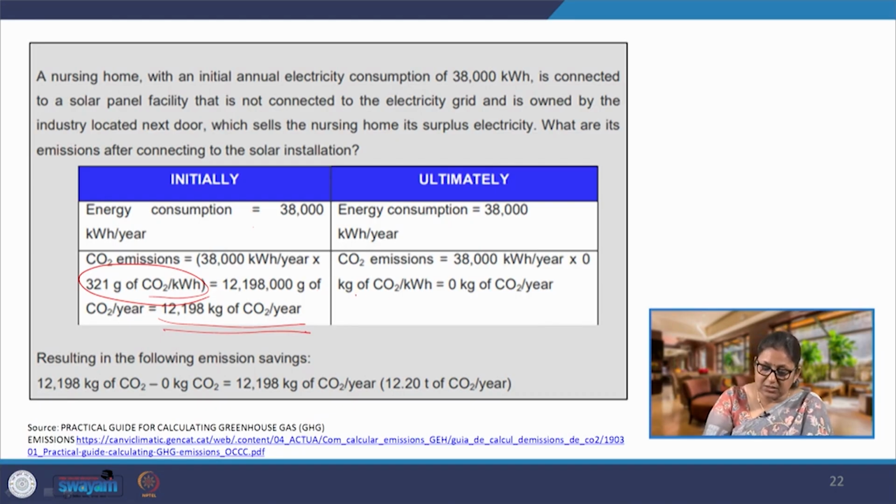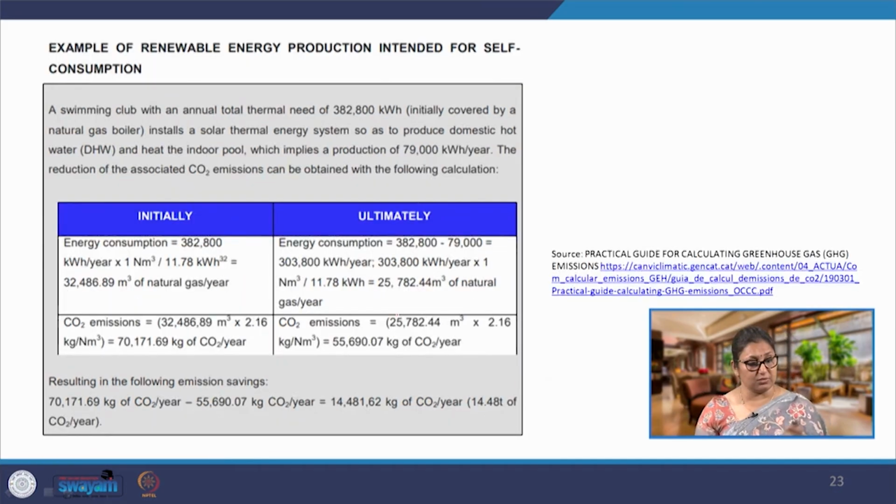Now this emission factor has turned to 0, because all this energy is being supplied from a renewable source, that is solar. So, that is how the reporting of each specific activity will happen within a project. This project could have only one activity or multiple activities. We will know the difference, how much is the emission reduction.